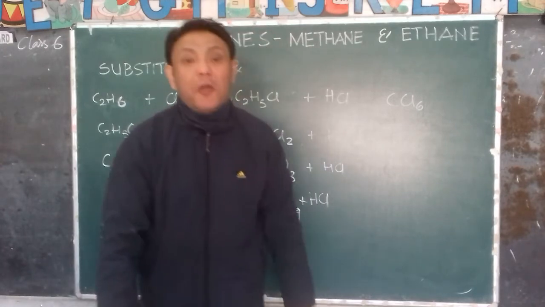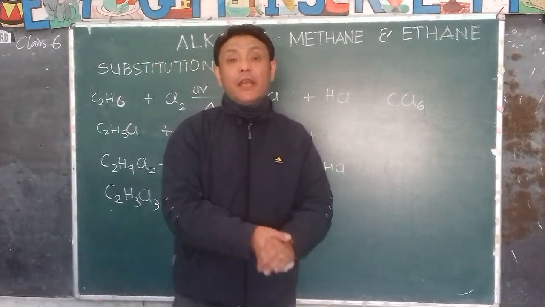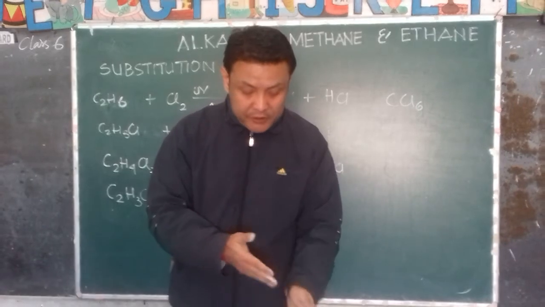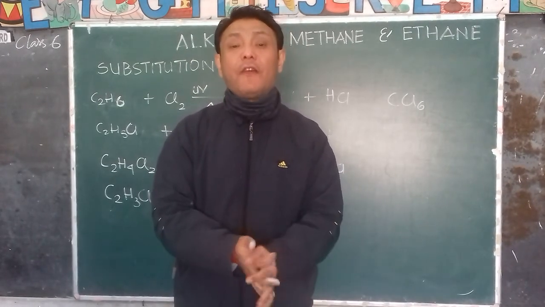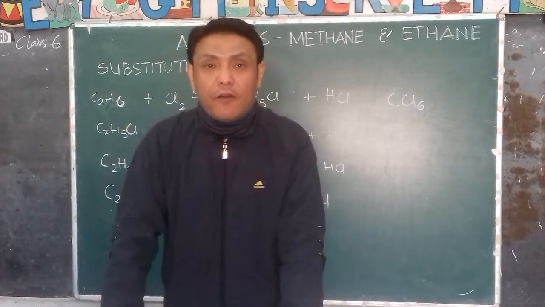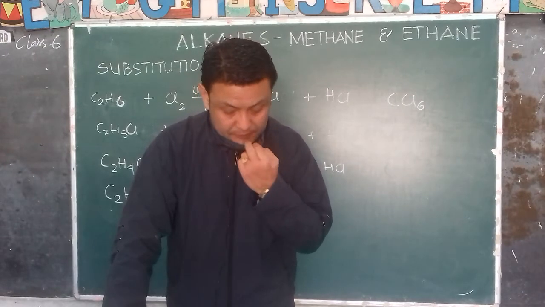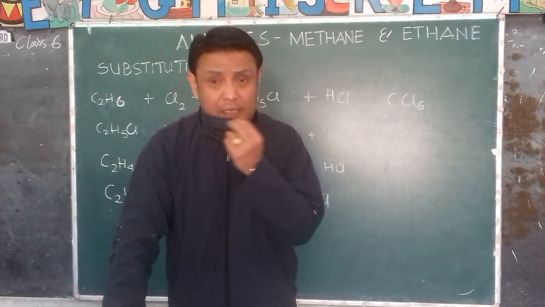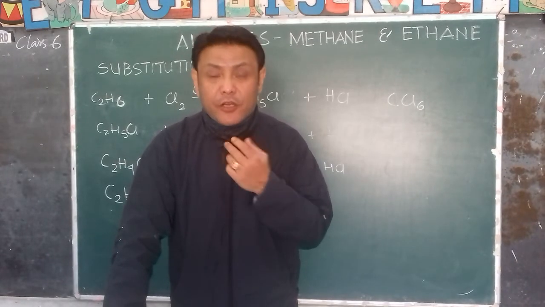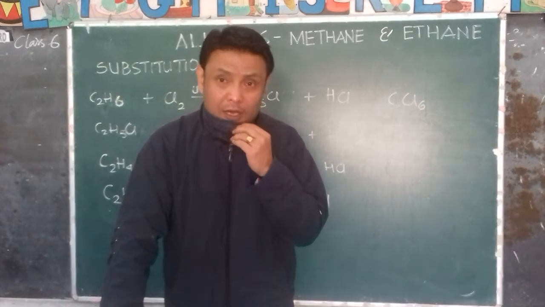So here also, methane and ethane. If you can refer to page number 230. So methane burns in oxygen, in excess of oxygen. If you have enough oxygen, we get oxide of carbon, that is carbon dioxide, and water. Whereas if you have insufficient oxygen or insufficient air, we get carbon monoxide and water, in both the cases, whether you burn methane or ethane.